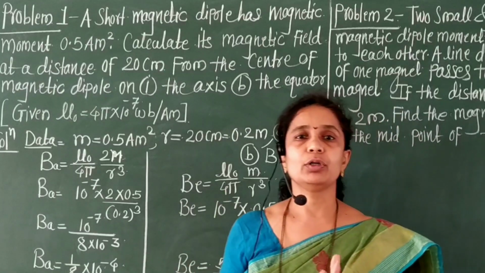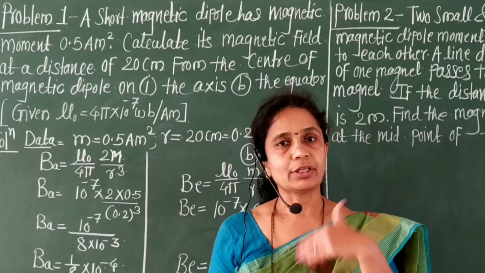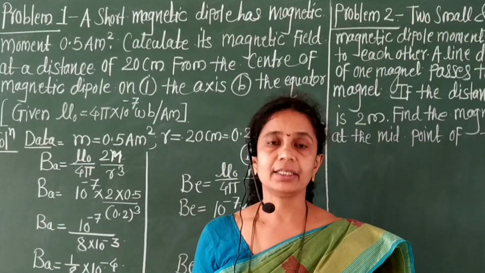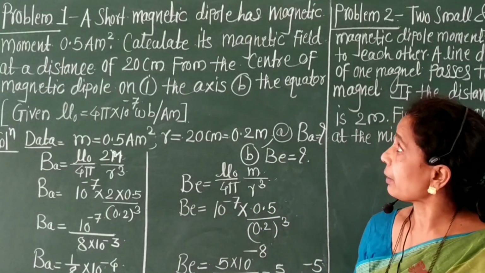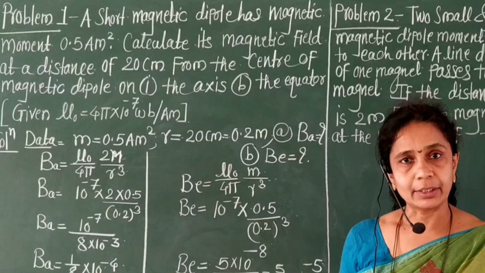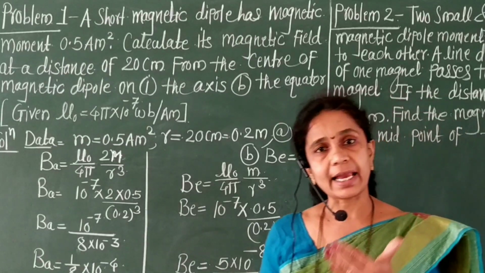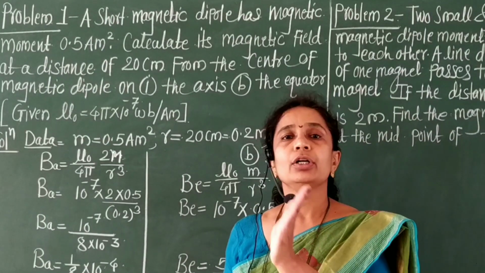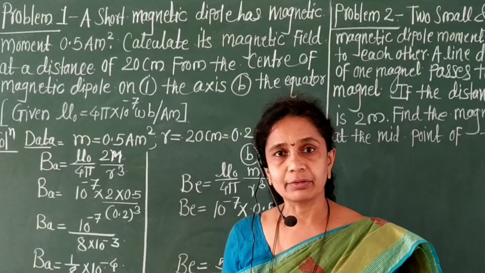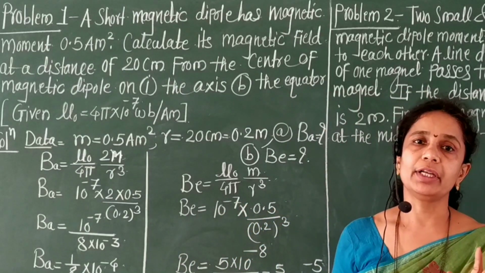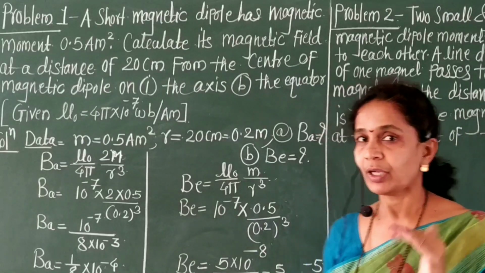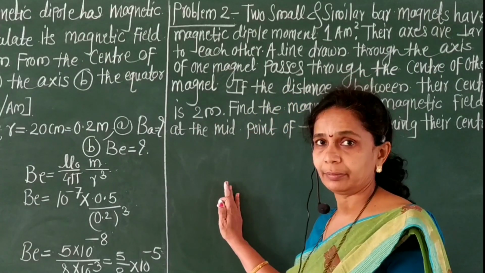BA is equal to twice of BE, that is, the magnetic field due to a bar magnet at a point along its axis is equal to twice the magnetic field due to a bar magnet at a point along its equator. Okay, now second problem.